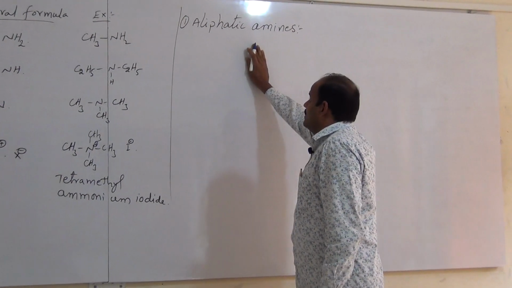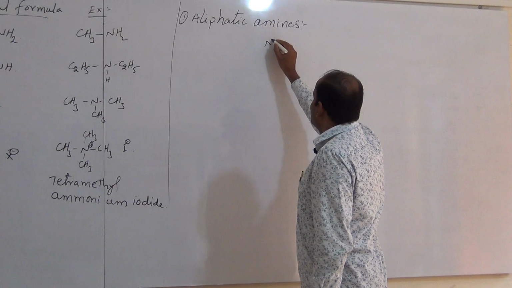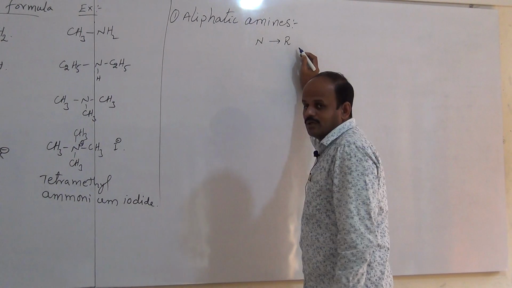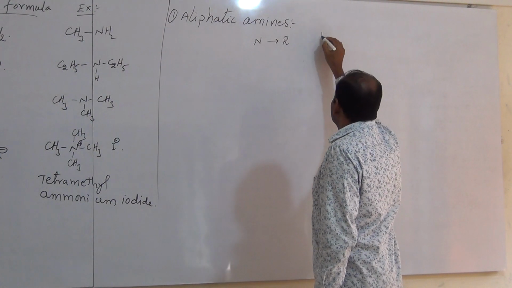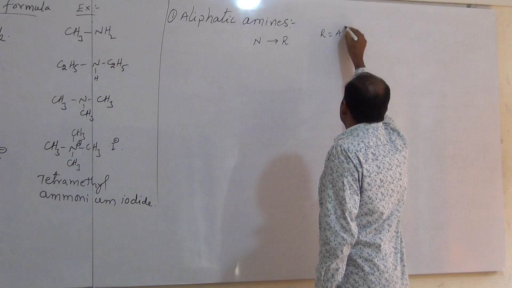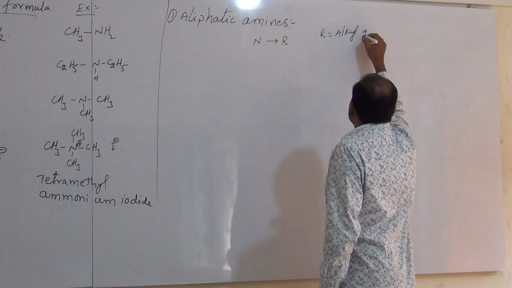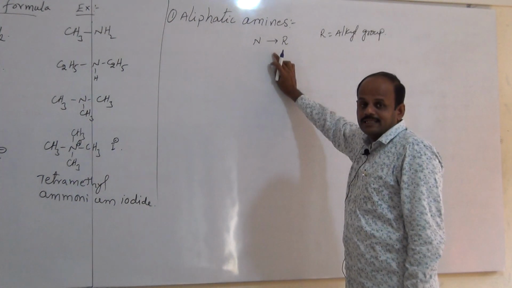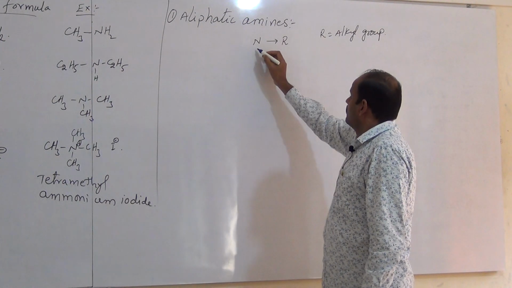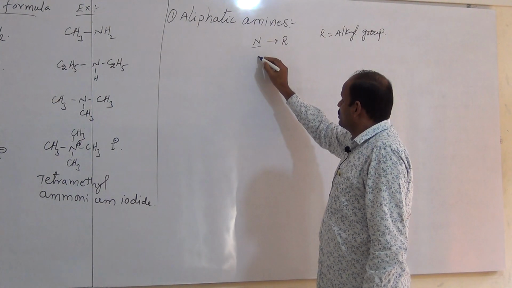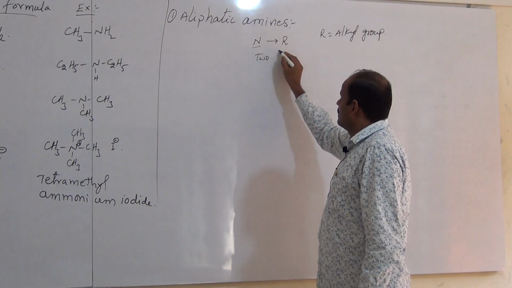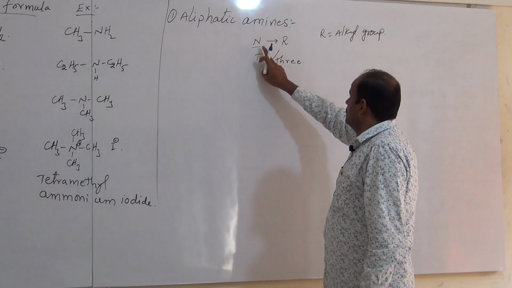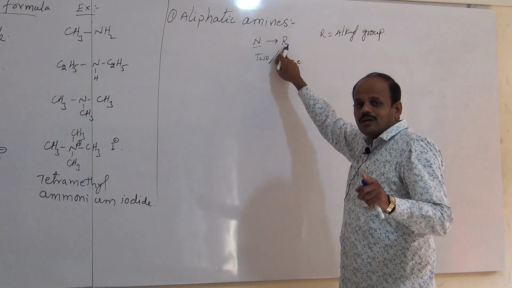These are the compounds in which the nitrogen atom is attached to an alkyl group. Here R is an alkyl group. Such amines are called aliphatic amines. Here the nitrogen atom can attach to 2 alkyl groups or 3 alkyl groups also, but at least it is attached to 1 alkyl group.